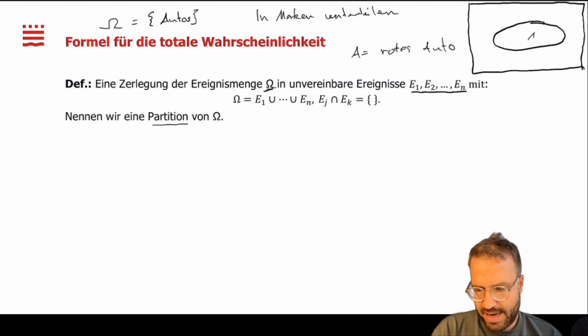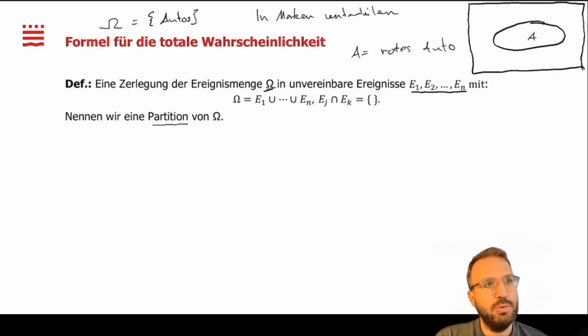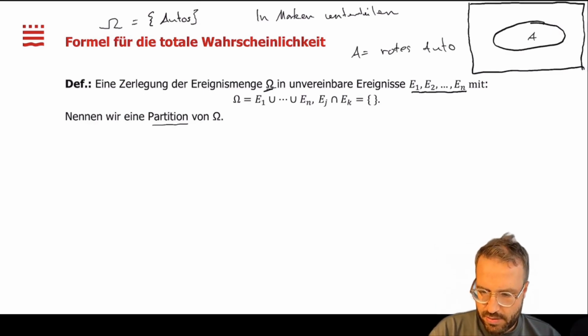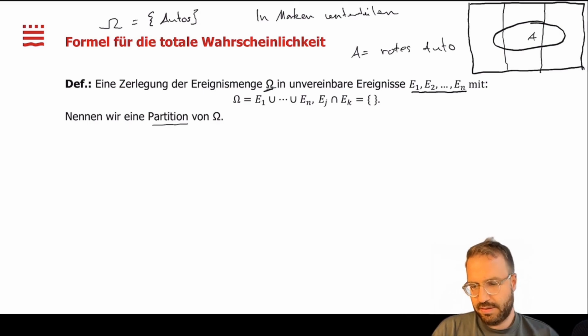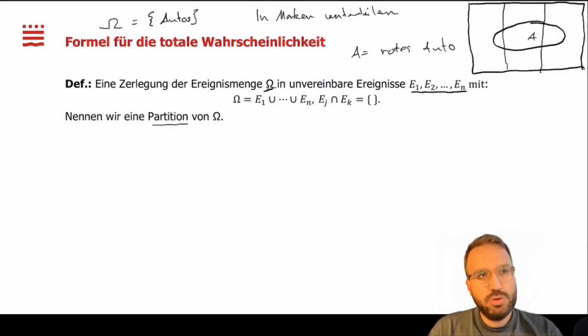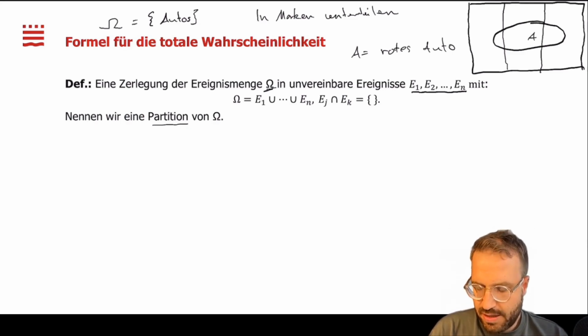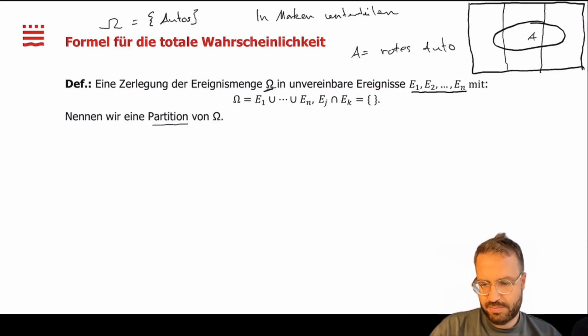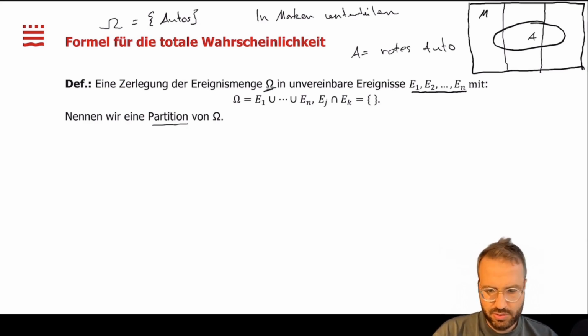So this is our A. And now imagine we can further divide this omega into the different brands. Let's say there are 3 brands. Then it looks like this. So this is brand 1, brand 2, brand 3.